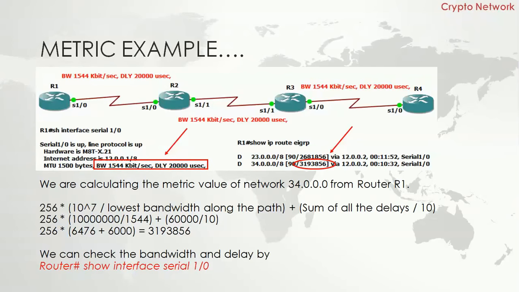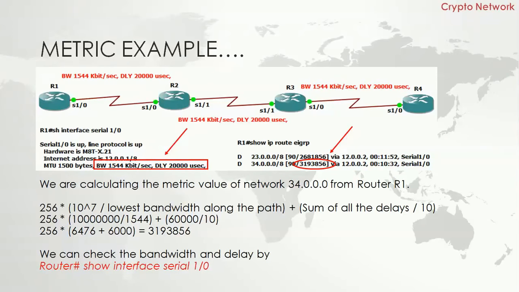So our calculation is 256 into 10 to the power 7 divided by lowest bandwidth along the path. So lowest bandwidth is 1544, plus sum of all the delays divided by 10, and the delay is 20,000 per link. So 20,000, 20,000, 20,000, that is 60,000. So 10 to the power 7 divided by 1544 comes to 6476, rounded off, plus 60,000 divided by 10, that comes to 6,000.